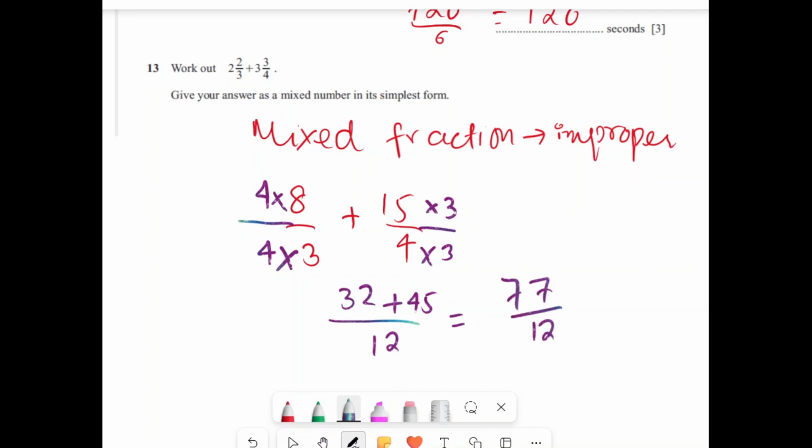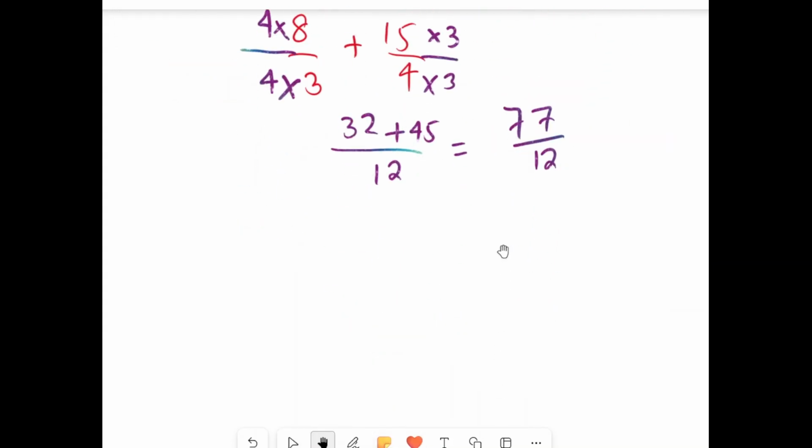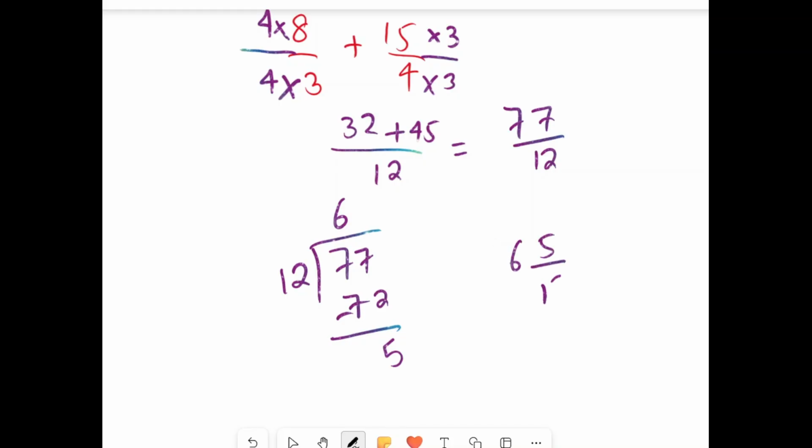We can do long division to give the answer as a mixed fraction in simplest form. So it will be 77 inside, 12 outside. 12 times 6 is 72, remainder 5. So it will be 6 and 5/12 in its simplest form.